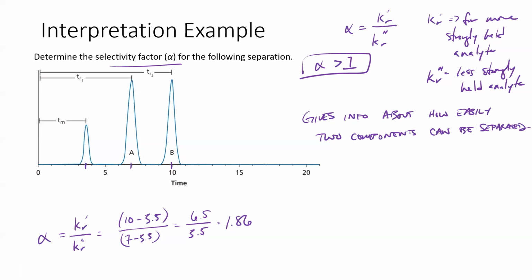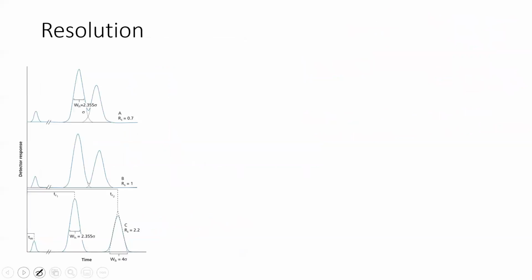And if alpha is 1, that essentially means they are exactly the same, and not very separable. As alpha increases, they're more separated in time, more easy to resolve. Our method is more selective. All right, we'll start talking about resolution on Friday.